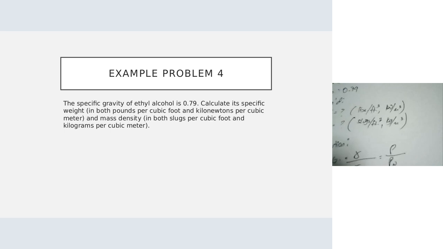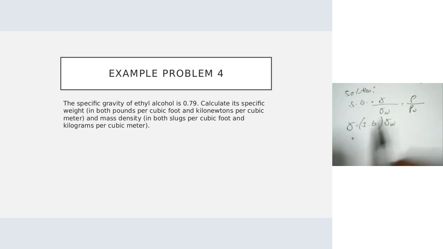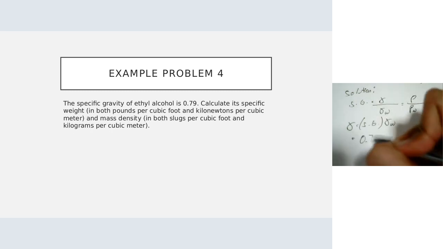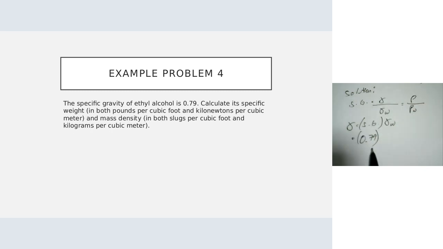Now, let us first get the unit weight of the ethyl alcohol in pounds per cubic foot. So, for the specific gravity, it's 0.79, the given. And then we multiply the unit weight of water in pounds per cubic foot.